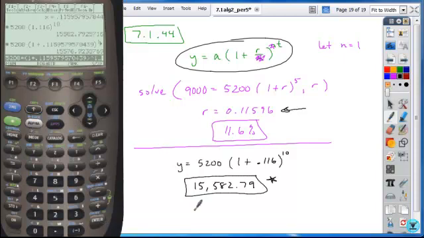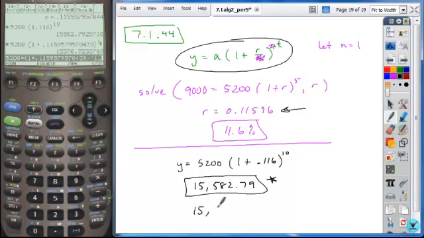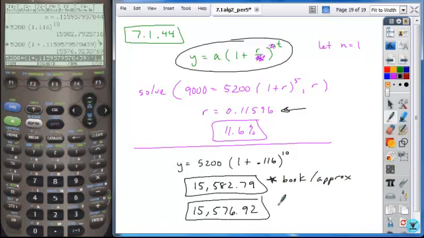And so the answer that I would get is $15,576.92. Either of these is fine. This is the book, which is an approximation, and this is more exact because we used the exact interest rate, or the rate of growth, versus the approximated one.